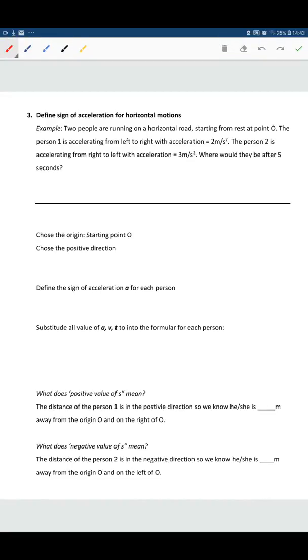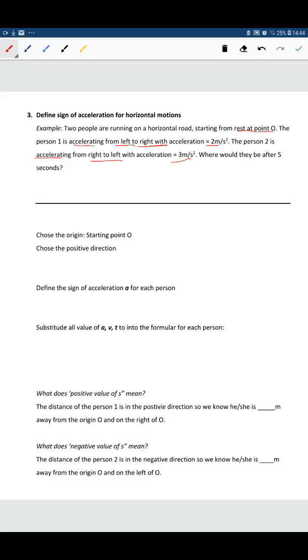We have two people running on a horizontal road starting at rest, point O. Person 1 is accelerating from left to right with acceleration 2 meters per second squared. Person 2 is accelerating too, but from right to left with acceleration 3 meters per second squared. Where would they be after 5 seconds?